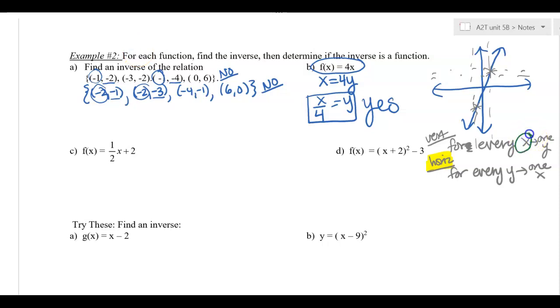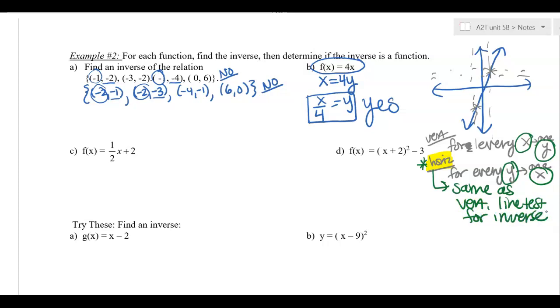See how it took our vertical line test and just switched the wording so that x's and y's switched? That means the horizontal line test will be the same as running the vertical line test for the inverse. But you can run the test on the original function without ever seeing the inverse.